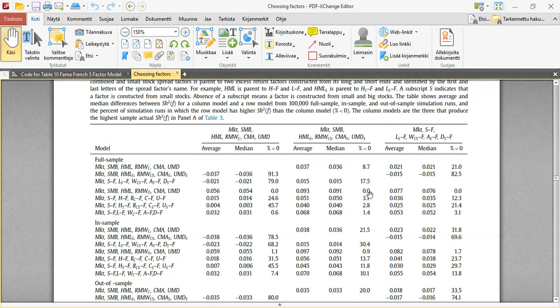And in 0% of these 100,000 simulation runs, this model outperforms this model here. So this model here is really, really superior. This is what we learn from this table. Okay?